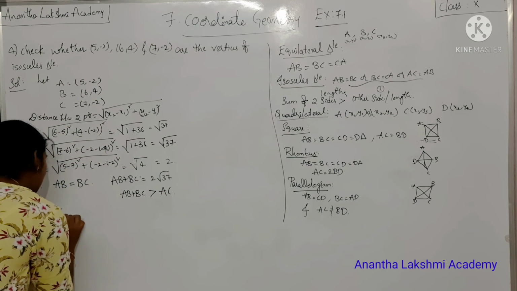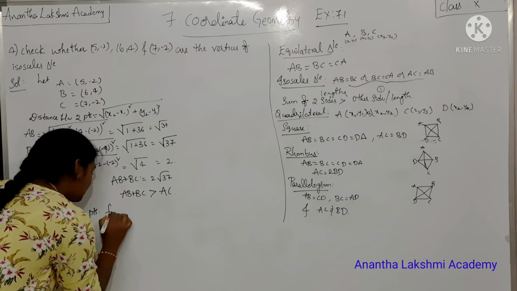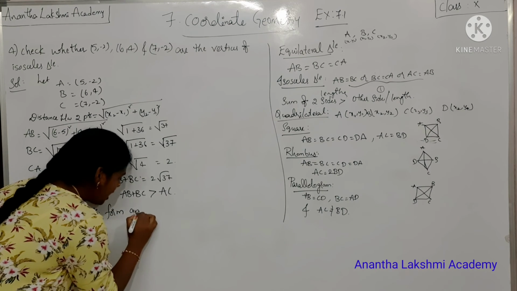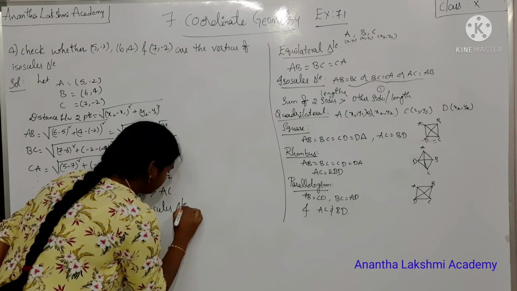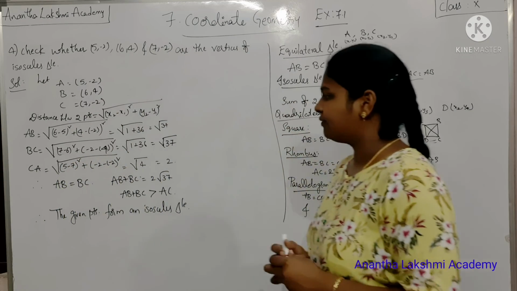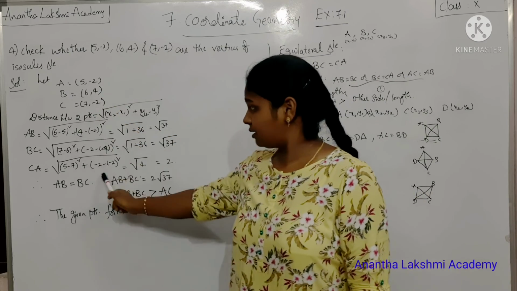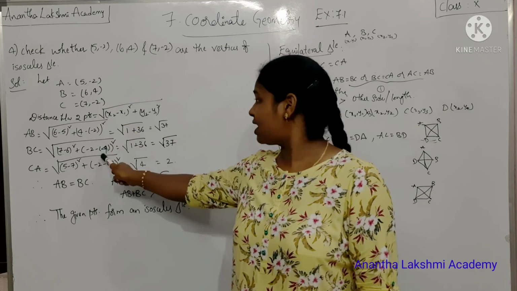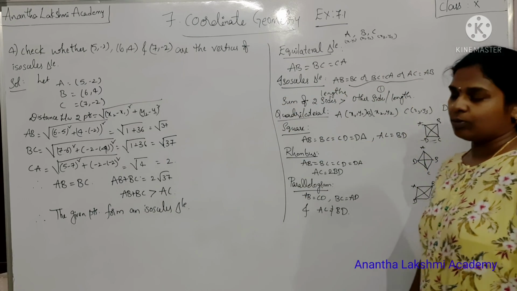Therefore, the given points form an isosceles triangle. Alright, the given points form an isosceles triangle. Here I assumed it as minus 4 and I corrected it later. Okay, so that is about the 4th problem.